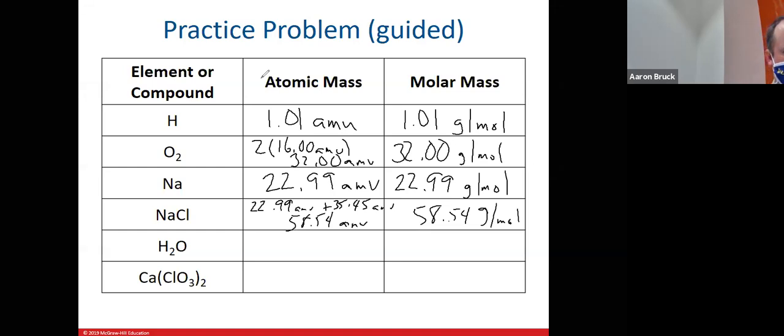In water, I have 2 hydrogens, each with 1.01 AMUs, plus oxygen with 16. I would get 18.02 AMUs as a result. And that would mean that my molar mass is 18.02 grams per mole.